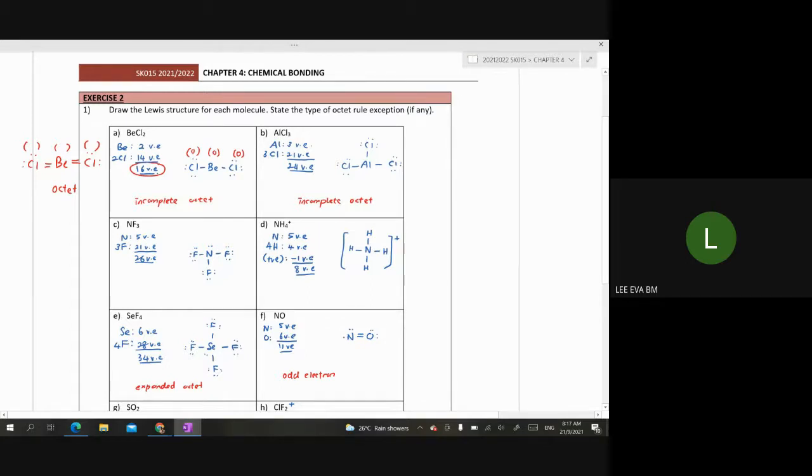Whereas if you look at the octet beryllium, the one on the left-hand side, for chlorine we have 7 minus 4 minus 2, which gives you positive 1, which is the same for both chlorine atoms.